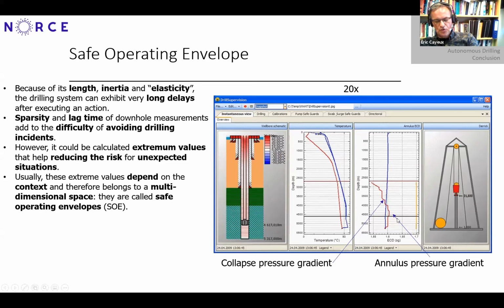And if you don't account for this dynamic aspect, you will never be able to find the right speed at which you can pull the string. As soon as you start to move the string, you will induce these effects, which will last for some time. So you need to protect ahead of time, and that's what we call safe operating envelopes.